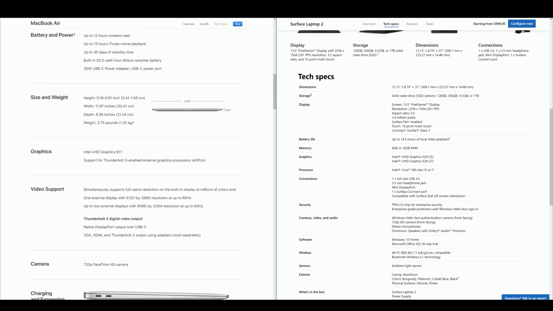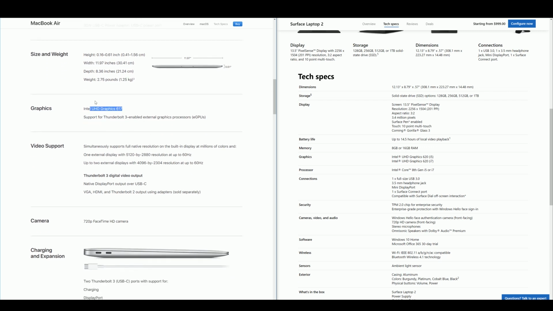Now, graphics-wise, it's the UHD Graphics 617, and Microsoft has the Graphics 620. It's mostly because it's a newer processor, because the 8th gen stuff was just announced. This is interesting. This is a pure spec look at these products.